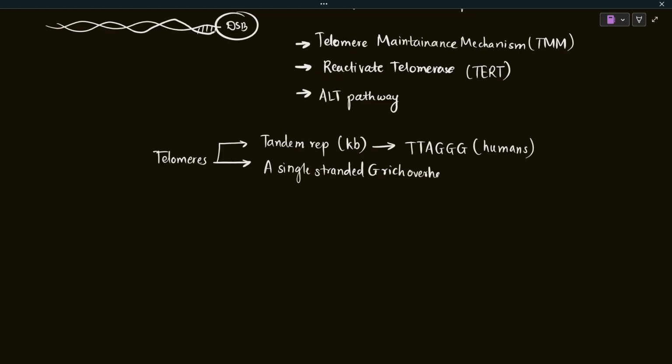This protects the ends from fusion, from degradation, and so on. Then besides those sequences, telomeres have some binding proteins which form a sheltering complex. That is called the sheltering complex.